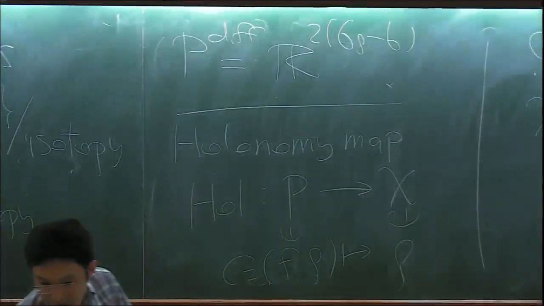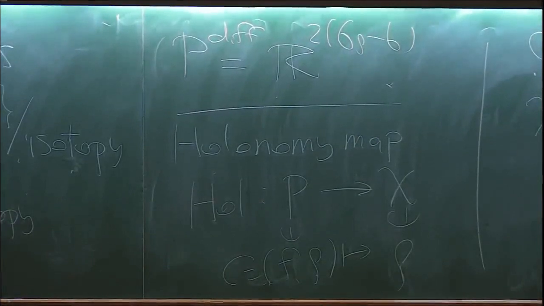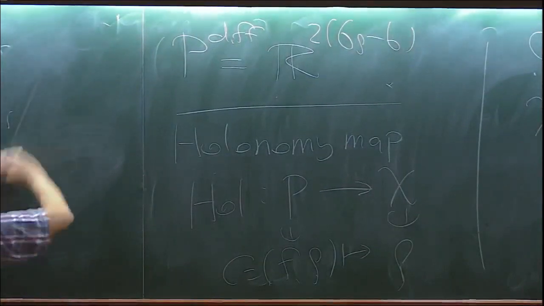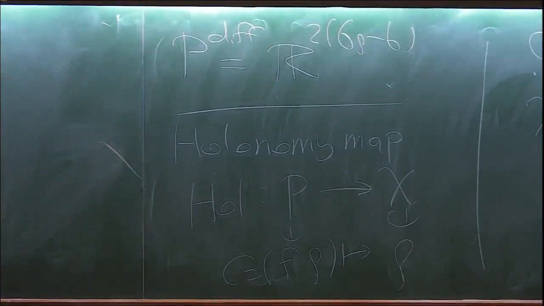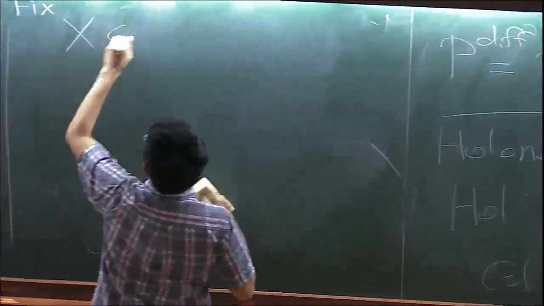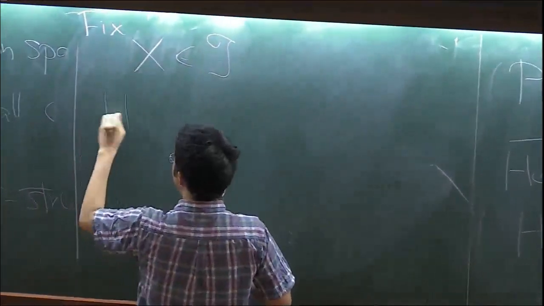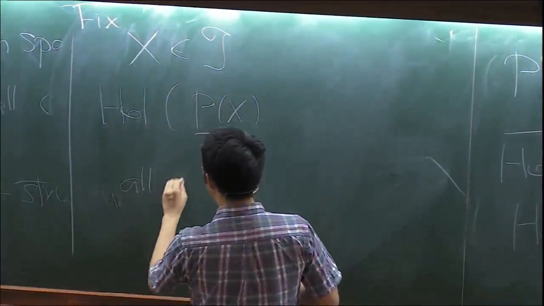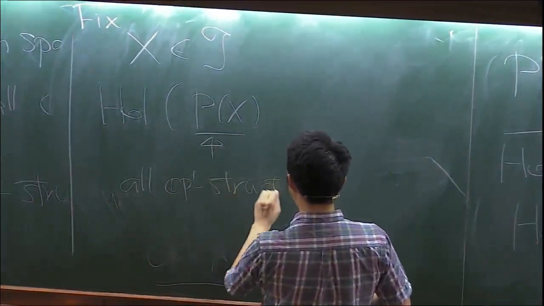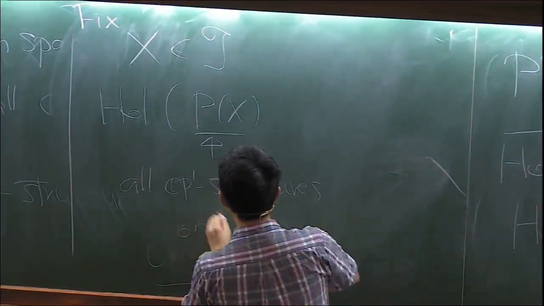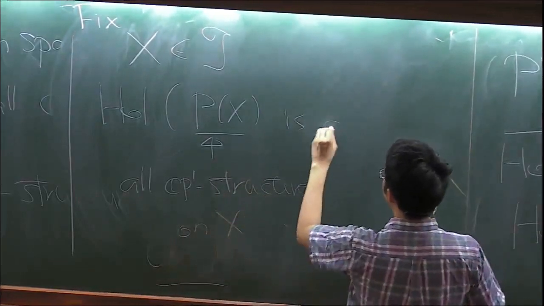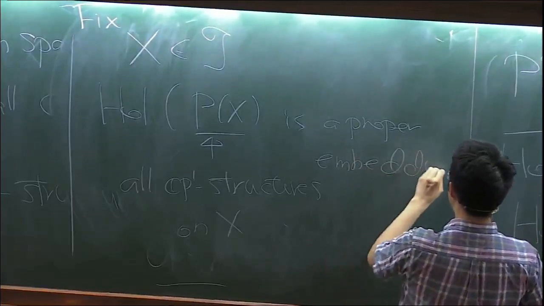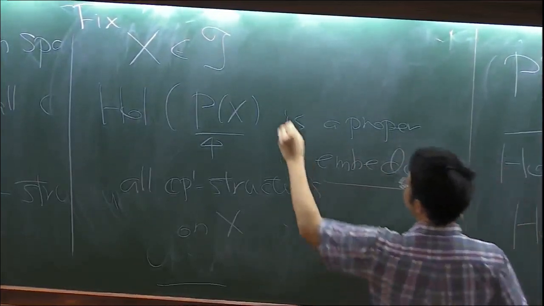It's not a covering map onto its image, but if you fix a Riemann surface, and restrict this holonomy map to all CP1 structures on this Riemann surface, this is a proper embedding into the character variety.